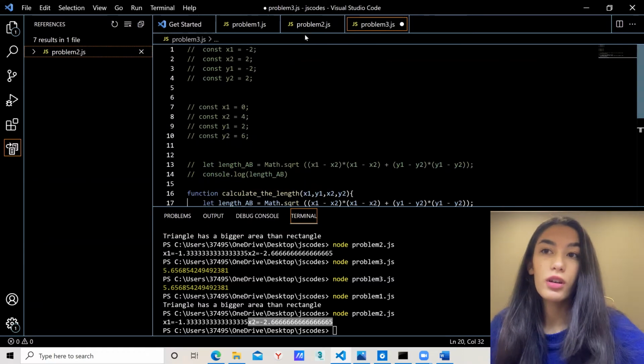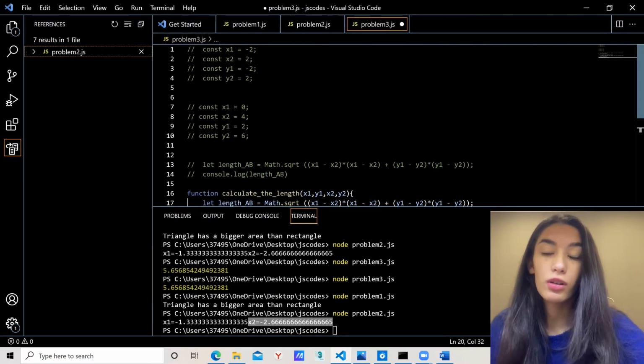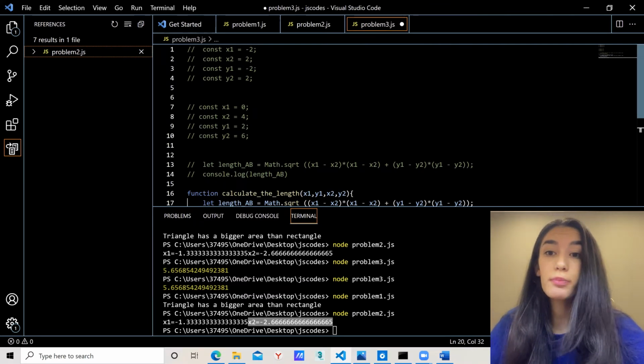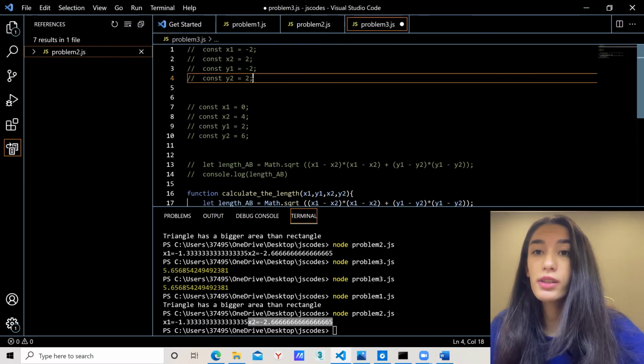I have combined problem 3 and problem 4 in one file, and I have solved them in two ways. The second way is by functions. So let's start.